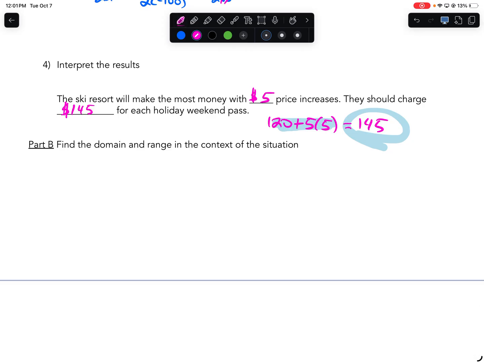So we have to find the domain and range. So we're going to find the domain, right? That's where y is 0 when we find the domain. So I'm just going to write the 2 parentheses ones because it's easier to solve that way.